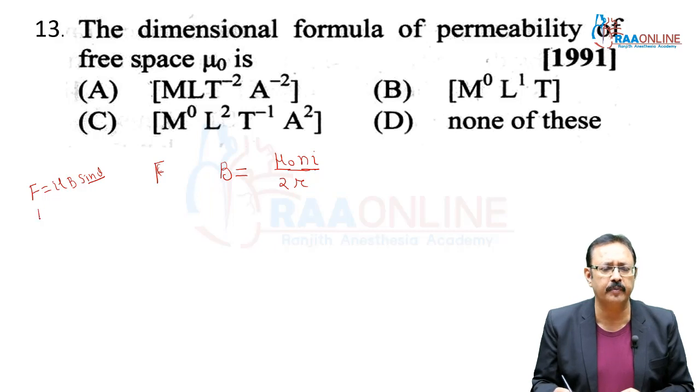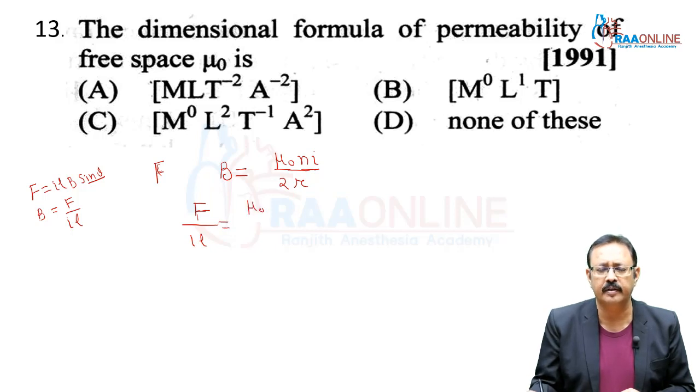So B is force upon I into L. To calculate mu naught, N has no unit, I is current, R is a length. Cancel length with this length.